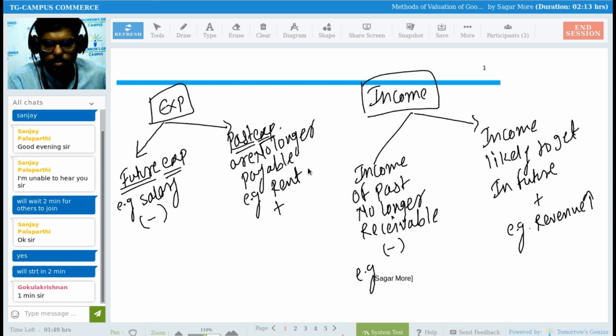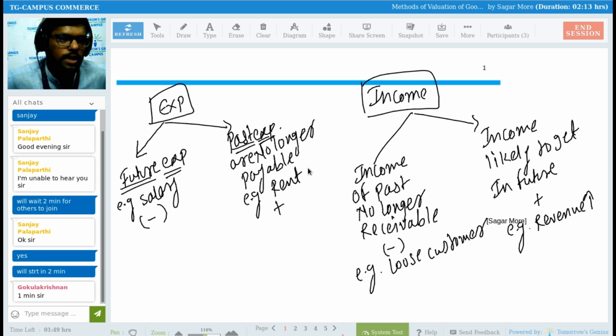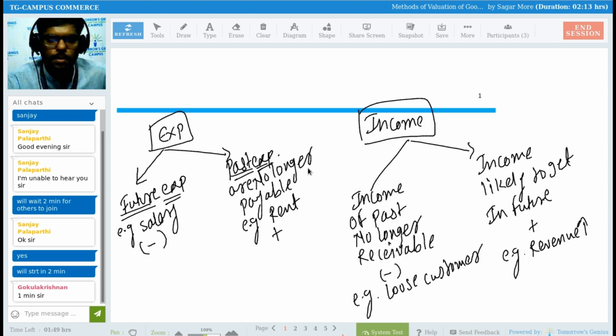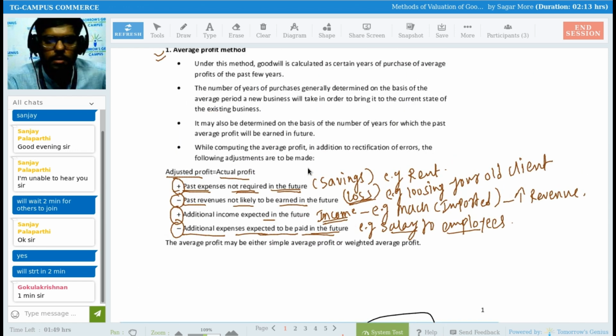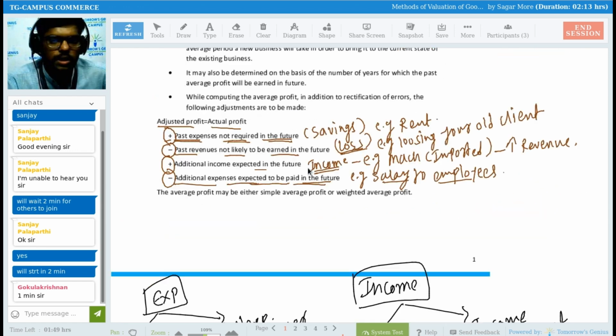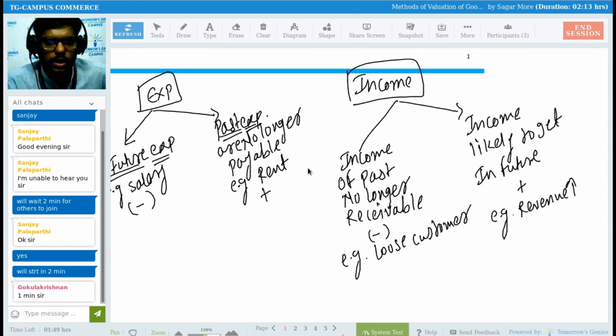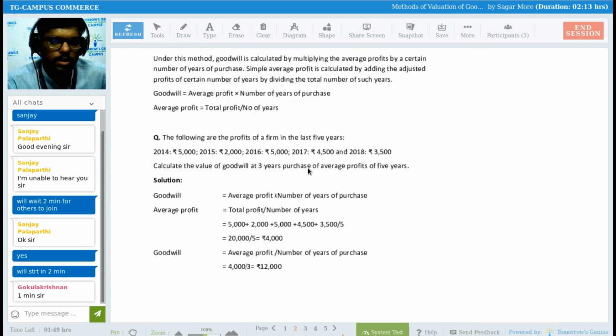For example, you lose a customer, right? So that customer is not going to continue buying and selling of goods and services from you in future, right? Getting this? So this is nothing but adjustment of profit, right? And based on that, we can move further for valuation of goodwill.